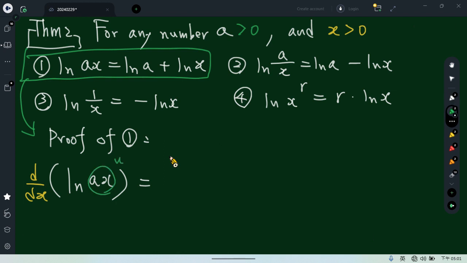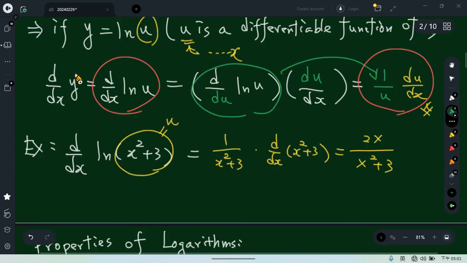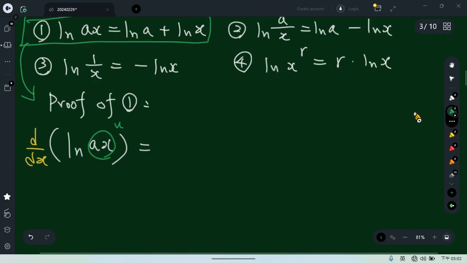So based on what we learned earlier, we will have 1 over u times du/dx, right? So the result will be 1 over ax, correct?